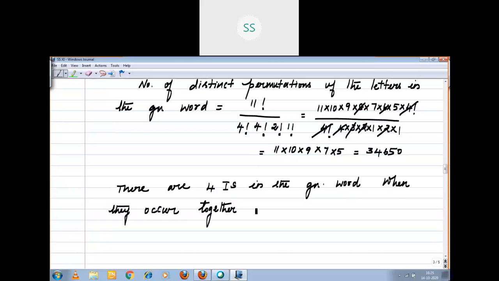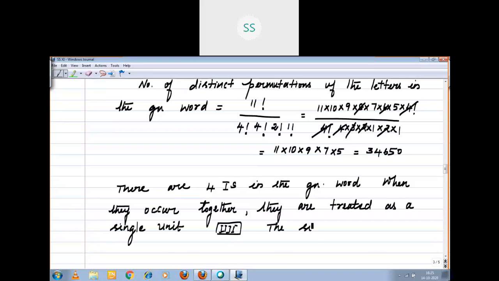When they occur together, they are treated as a single unit, a single object. Single unit in the sense like this, I.